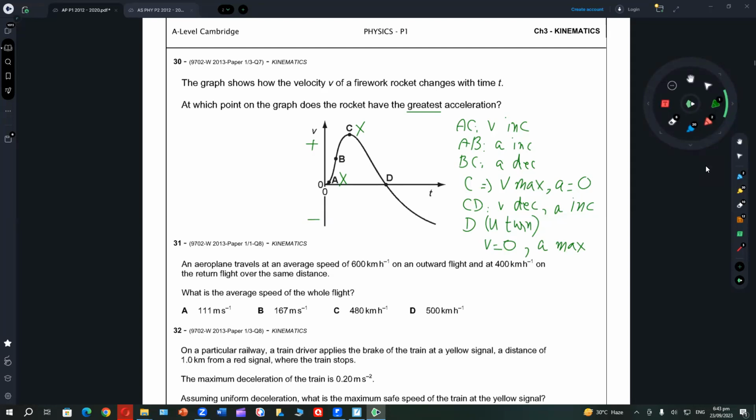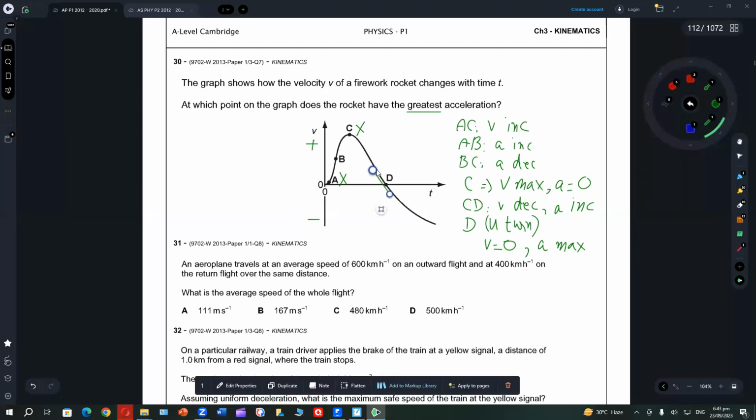Acceleration is maximum at D also, but if we draw the slope, if we draw the tangent, here is the tangent.